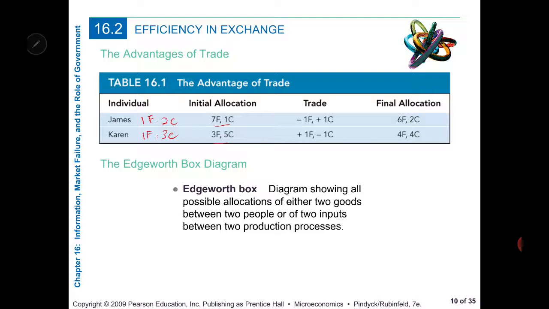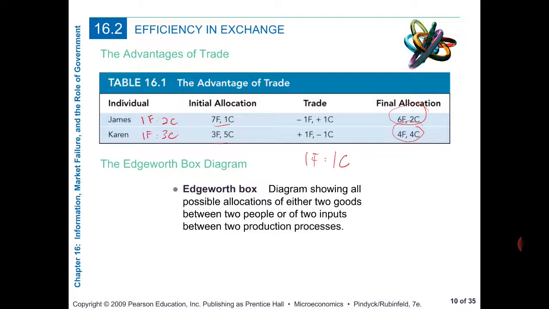So let's say they trade, the terms of trade is 1F to 1C, and so James sells 1 food and gets 1 clothing. Karen gets 1 food but sells 1 clothing. So the final allocation is this one: 6F and 2C for James, 4F and 4C for Karen.